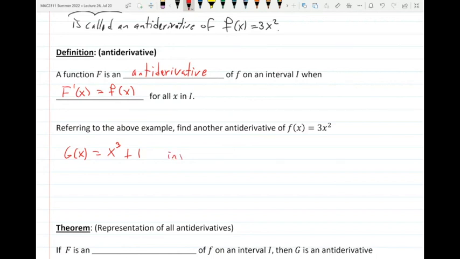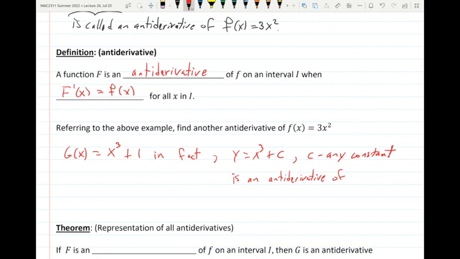So, in fact, we can just look at y equals x cubed plus c, where c is any constant, so this is an antiderivative of f of x equals 3x squared. And the whole point is because the derivative of a constant is 0.